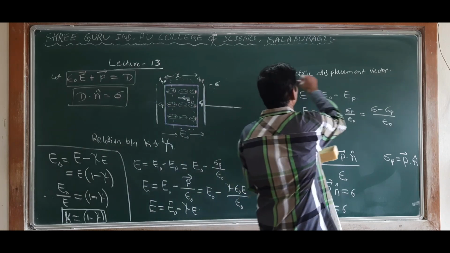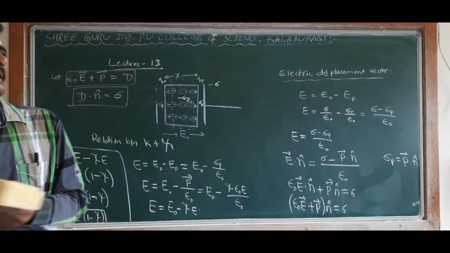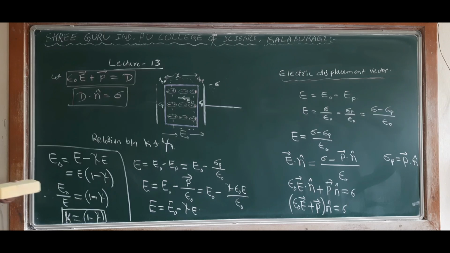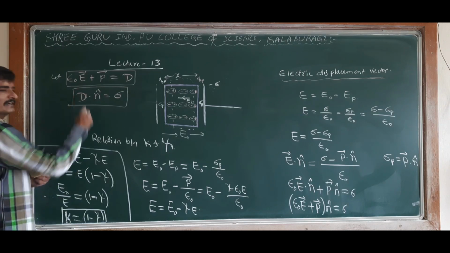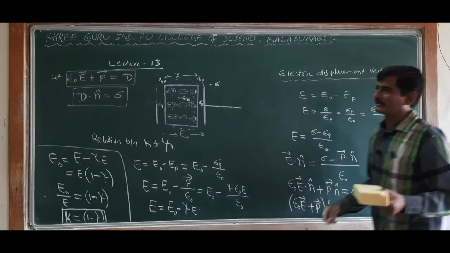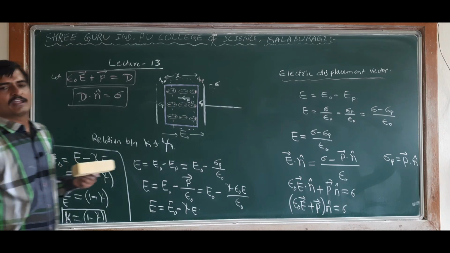That is how electricity displaces inside the dielectric, which can be understood by understanding the value of D. Vector D is nothing but the electrical displacement vector in a dielectric.